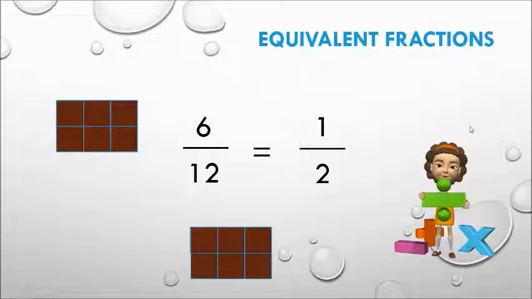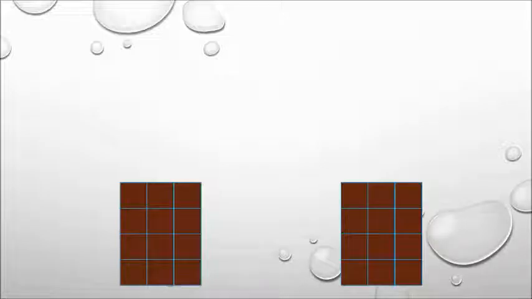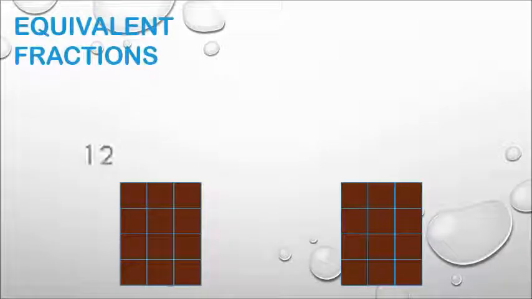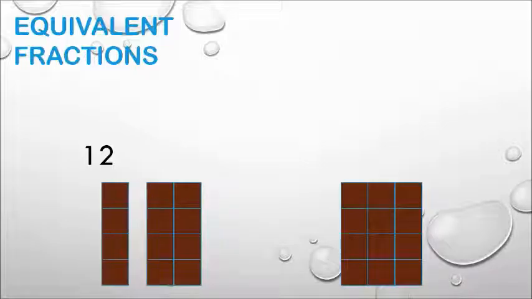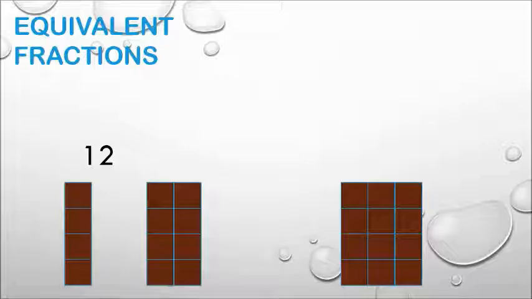We can see this again in other examples. If you had 12 pieces of chocolate that made up a whole bar, and you gave your friend 4 out of the 12, notice how the 12 pieces can be seen as 3 equal parts, where you gave your friend 1 out of those 3 parts.